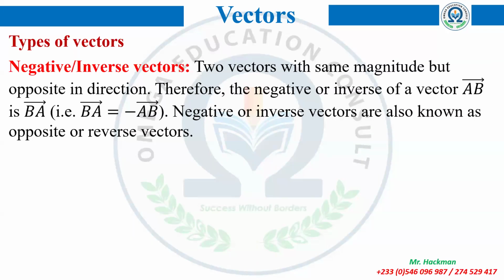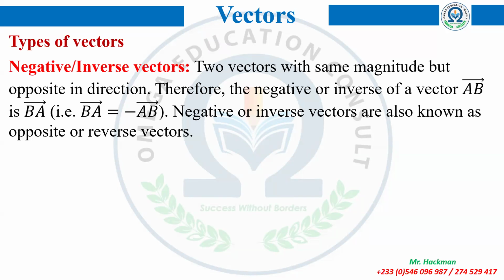So now let's move on to our next concept. After this, then maybe we can go for our water break. So we are dealing with types, still on types of vectors, and the next type will be negative or inverse vectors. Two vectors with the same magnitude but opposite in direction.